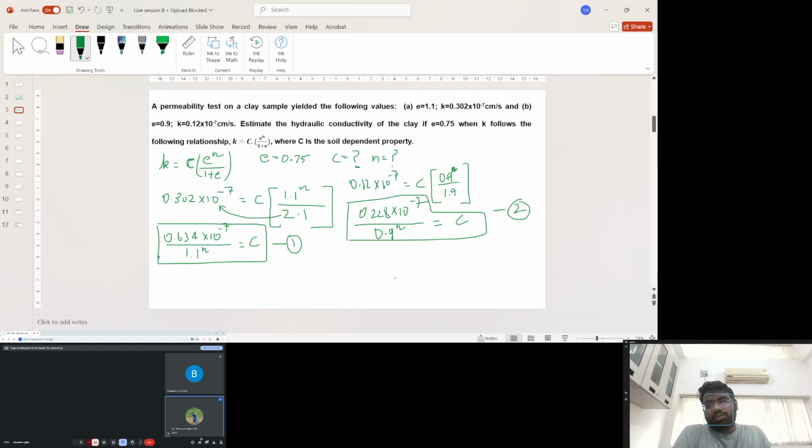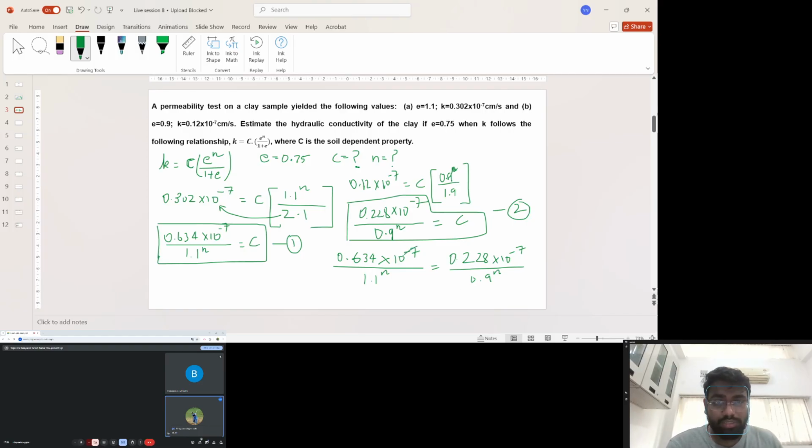Right? So equation 1 and 2 can be equated since the right hand sides of the equations are the same. So 0.634 into 10 power minus 7 divided by 1.1 power n is equal to 0.228 into 10 power minus 7 divided by 0.9 power n.